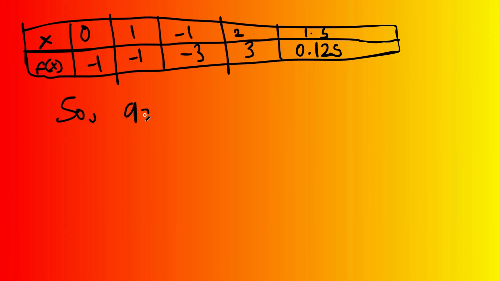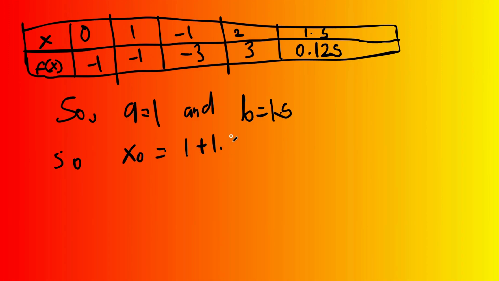Okay, so a equals 1 and b is 1.5. Then x0 equals (1 plus 1.5) divided by 2, which is 1.25.